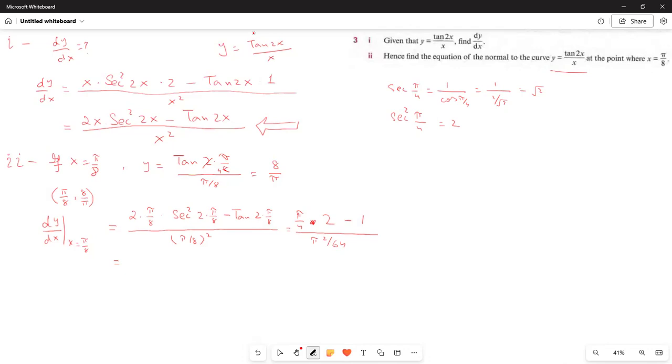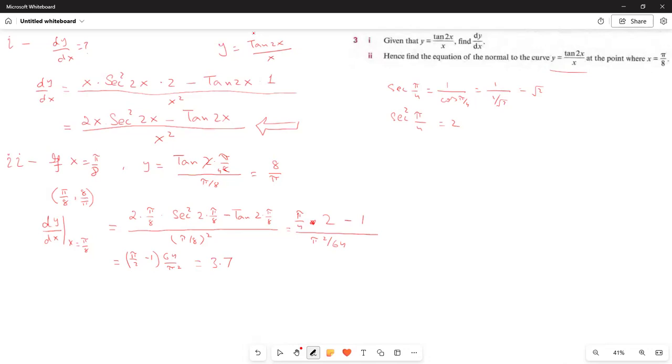Okay, so let's simplify it a little bit. This is going to be pi by 2 minus 1 and divided by this thing, multiplied by 64 by pi square. So we simplify this whole thing and it can calculate its value, and this value comes out to be 3.7. You can check with the calculator. Okay, so what does it mean?